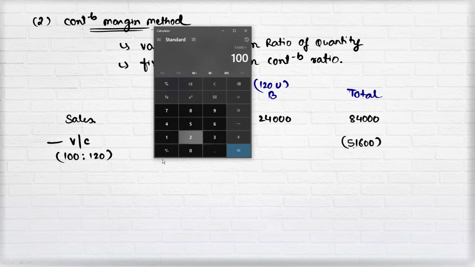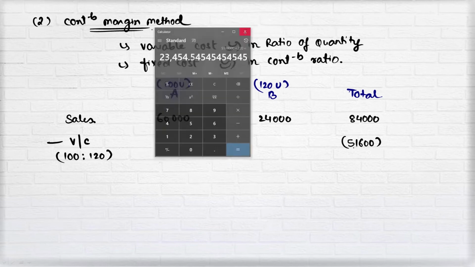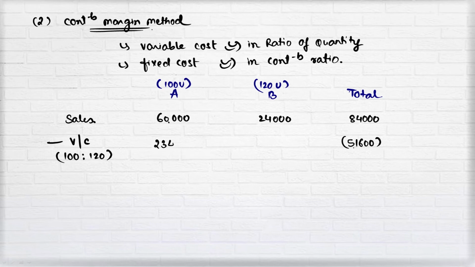51,600 into 100 divided by 220, which is 23,455. And remaining will be 28,145.